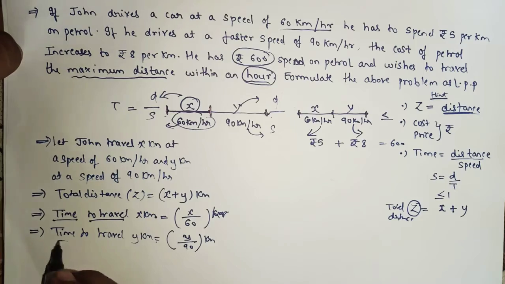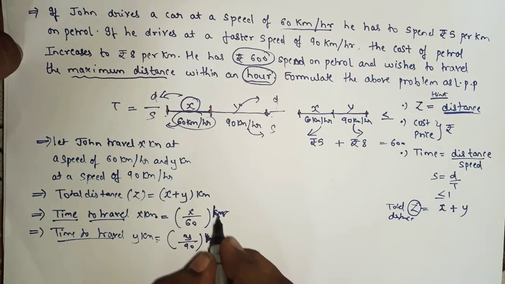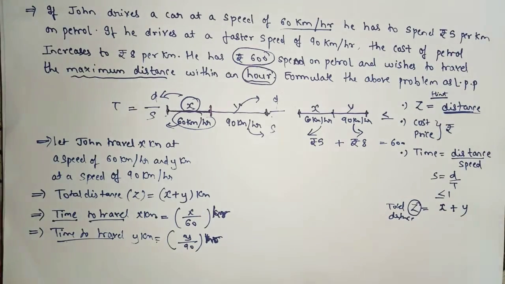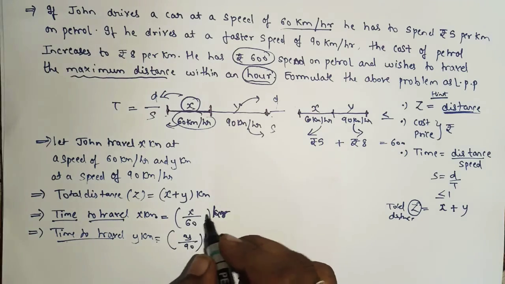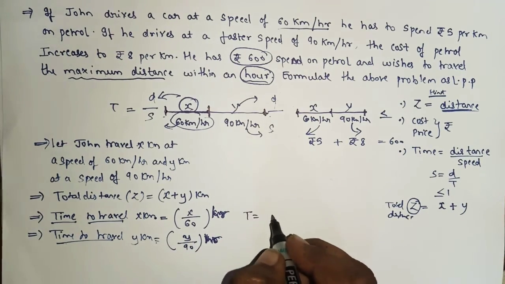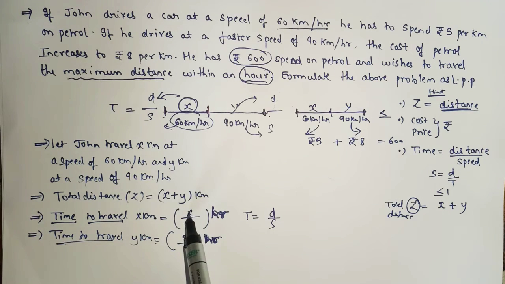Yes or no? So here the unit will be what? Hours, not kilometer. So time to travel x kilometer is x upon 60 hour. Time to travel y kilometer is y upon 90 hour, because it will come in the form of time equal to distance upon speed. Understood?